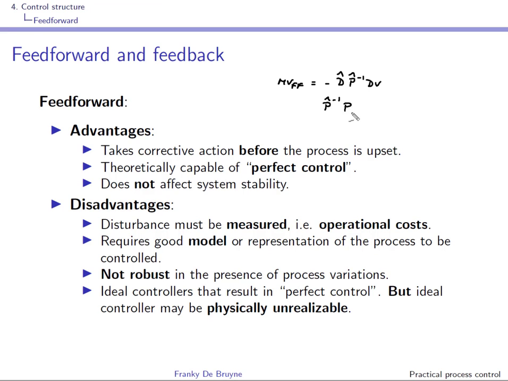So you have this one coming from the actual process, and this one is coming from the feedforward, as you can see over here, but those two will cancel out, and therefore this feedforward action is not robust, because variations in the process will have a major impact on the feedforward law, since this one is going to remain fixed, right?